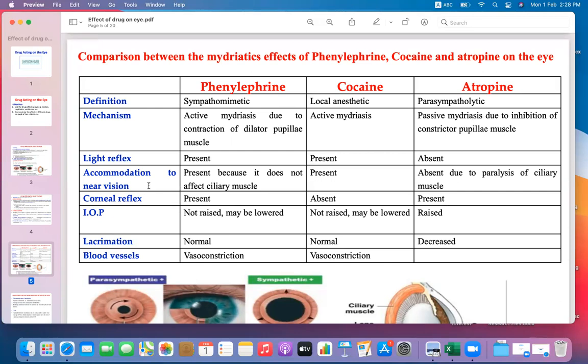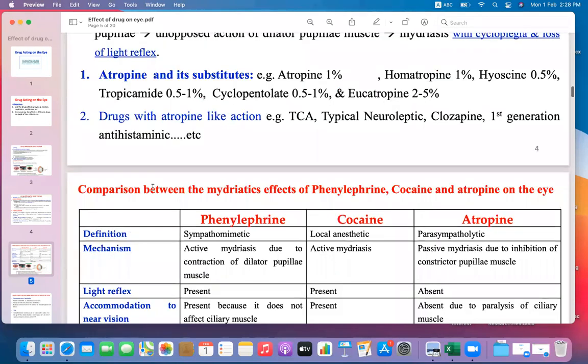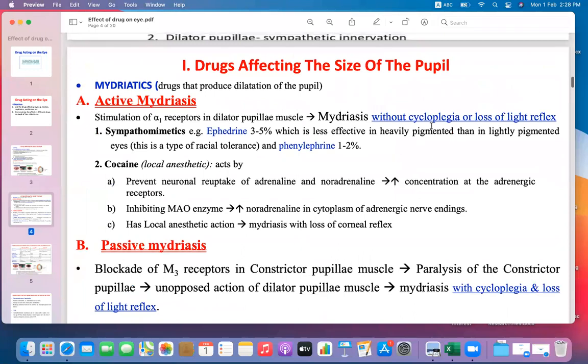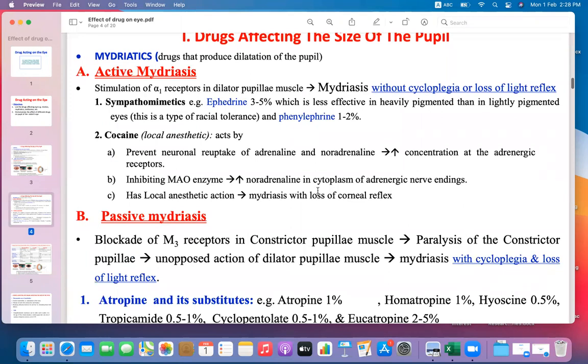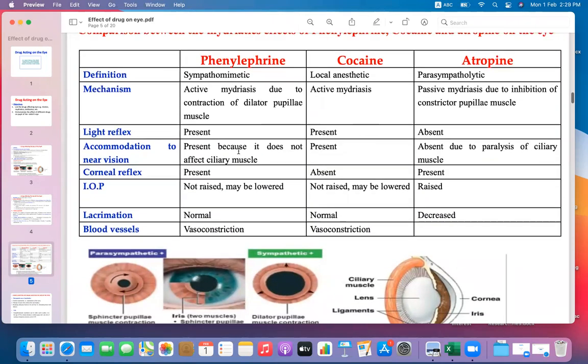Now let us see the next parameter, accommodation to near vision, or the cycloplegic effect. As we know, active mydriasis is without cycloplegia, and here with cycloplegia. So without cycloplegia means it is absent in phenylephrine and cocaine. Accommodation to near vision is present because it does not affect the ciliary muscle, and in cocaine also present.